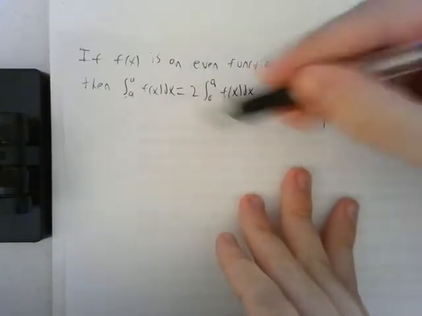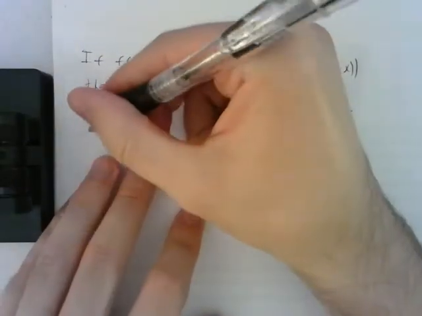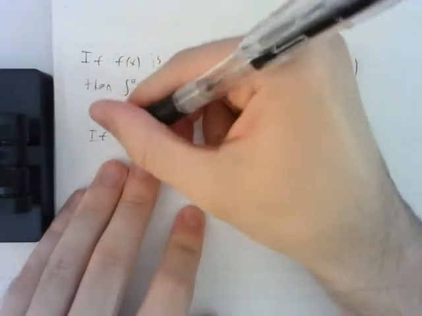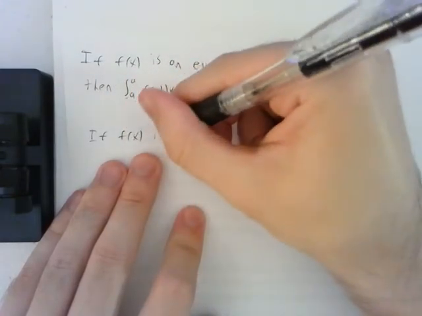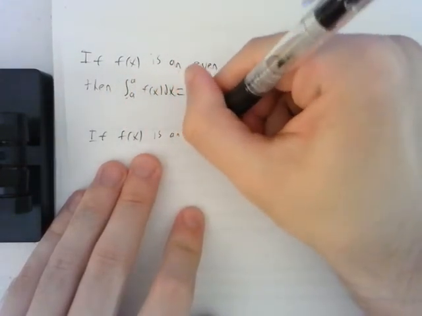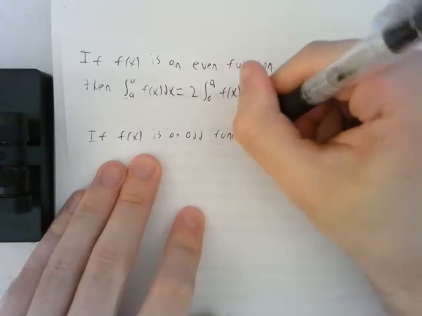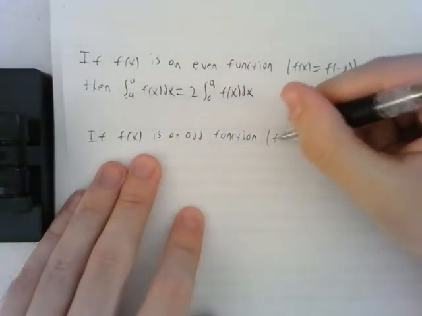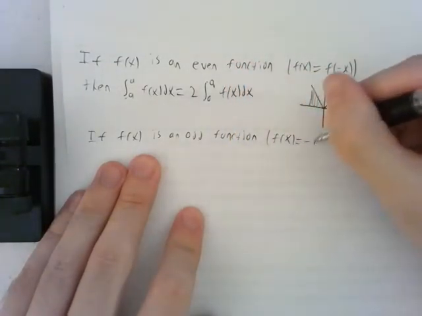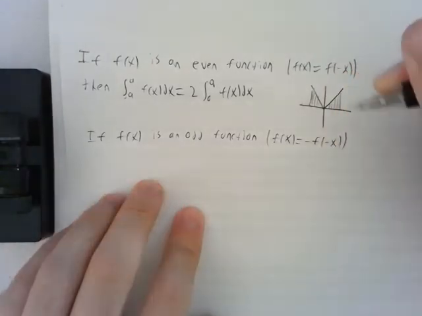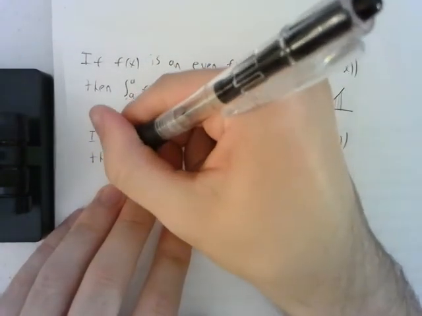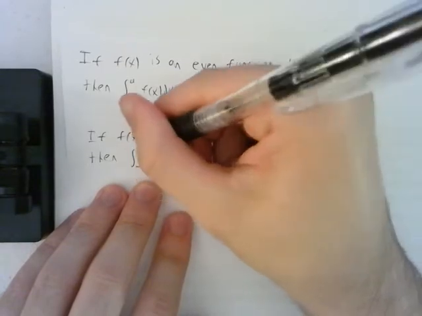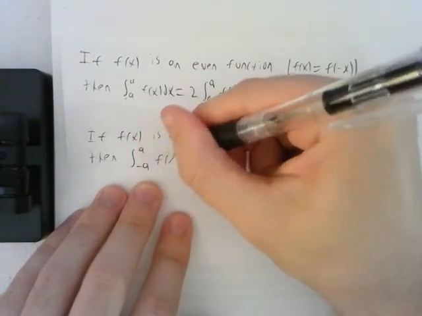A more useful one is something that you saw in the homework. So if f of x is an odd function, which recall means that f of x equals negative f of negative x, then the integral from negative a to a of f of x dx is always equal to 0.